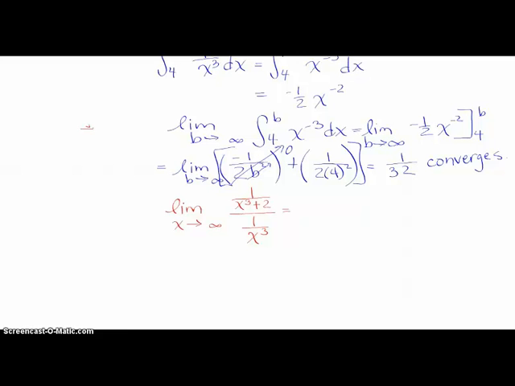Now, we haven't evaluated it, but we just determined that our function on bottom, what we called g of x a while ago, converges. So what do I want as a result out of this limit? Which of those results would be helpful? This tells me they behave the same. So that would be helpful.